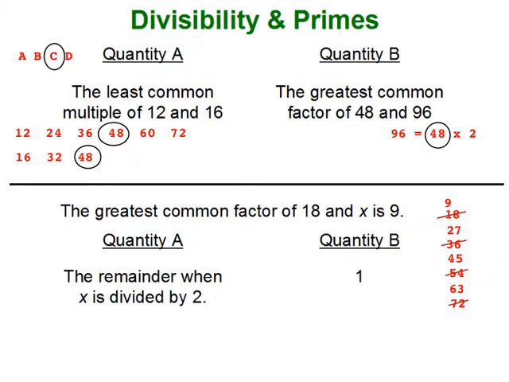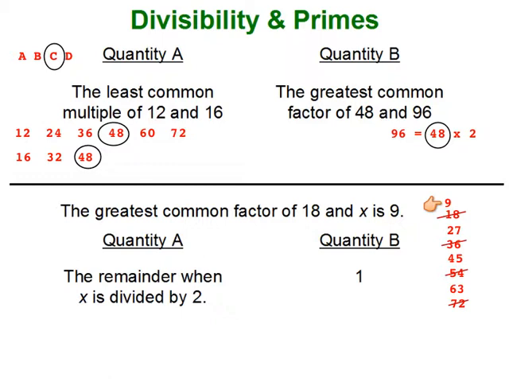And once you recognize that x can only be odd multiples of 9, you're almost all the way to the solution. So without even phrasing it that way, you could just turn to column A here, and you could say, well, what is the remainder when x is divided by 2? I don't even know what x is yet. What's the remainder when 9 is divided by 2? Well, the remainder is 1.